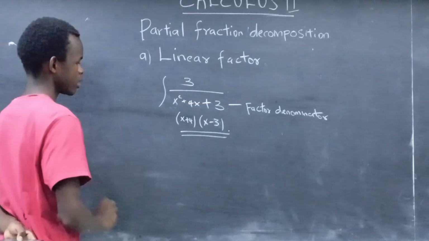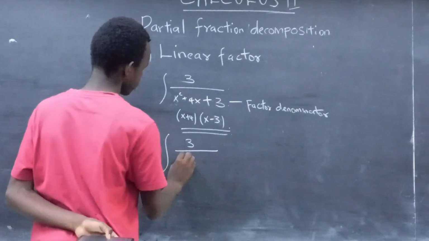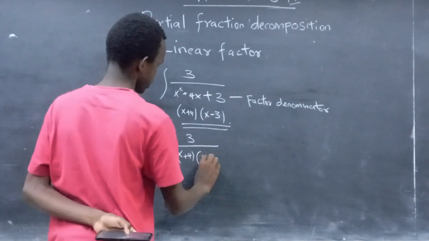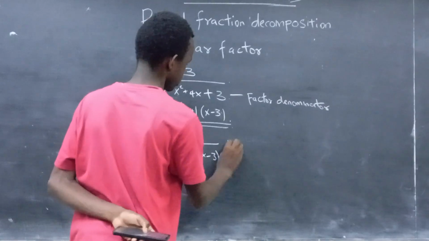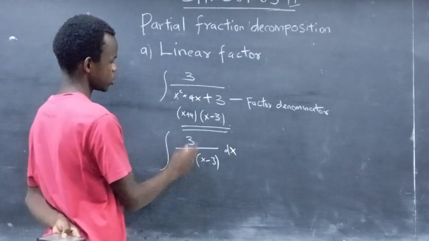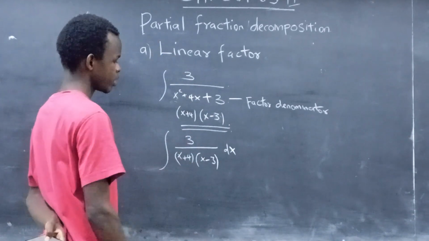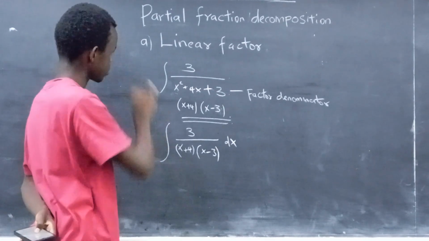So our evaluation will be the integral of 3 divided by x plus 4, and again x minus 3. This is how you will separate your integral. Factor out the denominator, get something like this, then do the partial fraction decomposition.